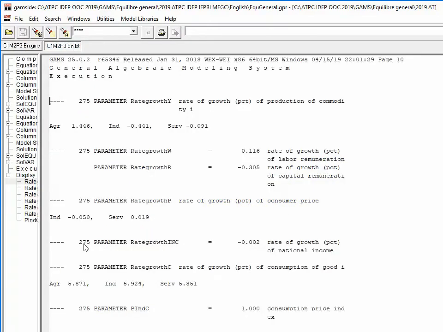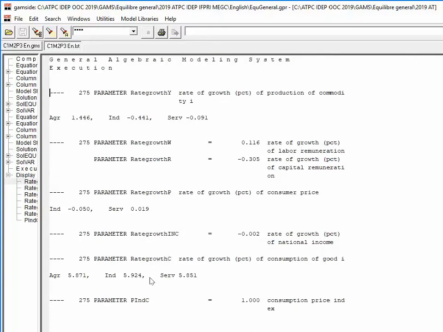So if I look at the impact on the economy, you see that there is an increase in the private consumption in every sector. So it has a boosting effect on activity, but it is offset, and so the impact on production by sector is in fact positive in agriculture but negative in industry and services, so it's not very good.